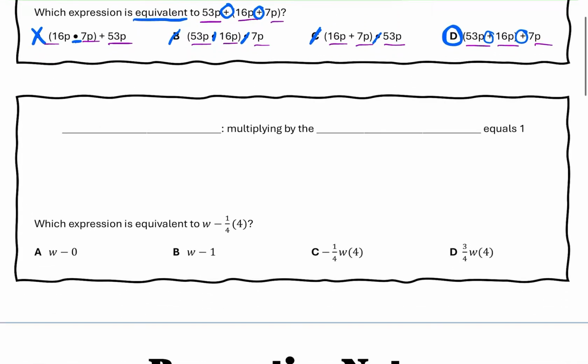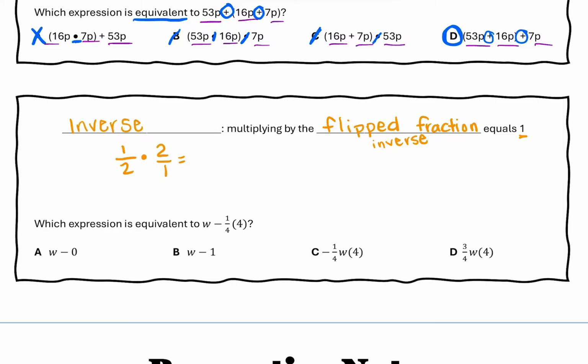All right, last one. This is what we call the inverse property. The inverse property is multiplying by a flipped fraction, which is the inverse. And if you multiply by a flipped fraction, it equals 1. What I mean by that is if I have 1/2 times, and I flip that and make it 2 over 1, well, let's think.